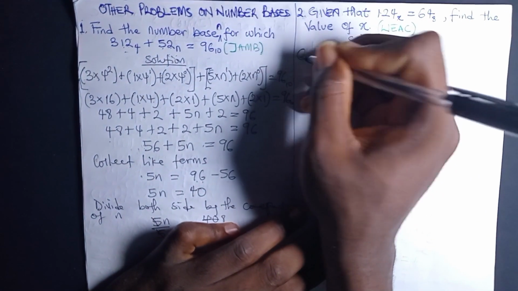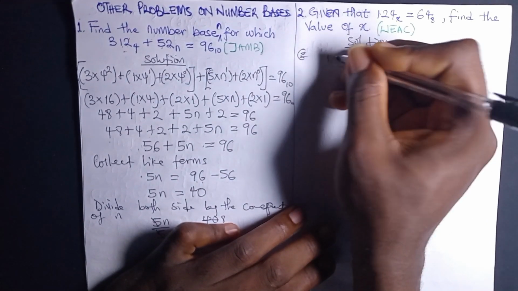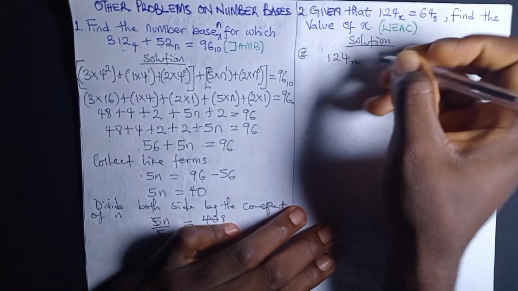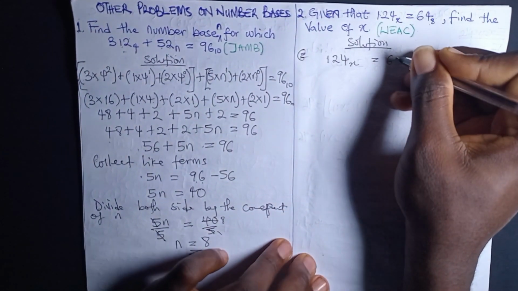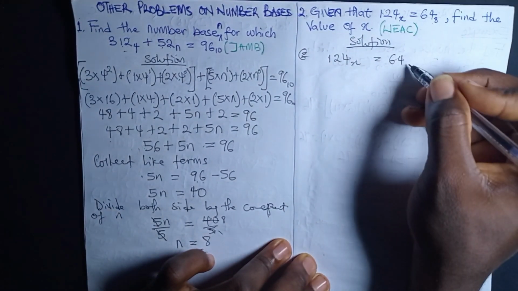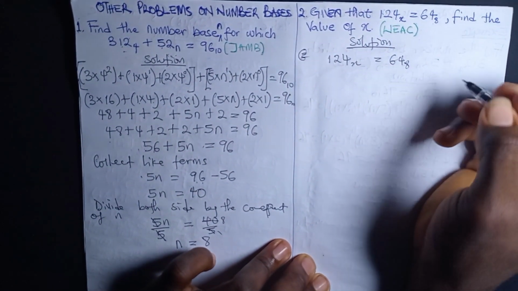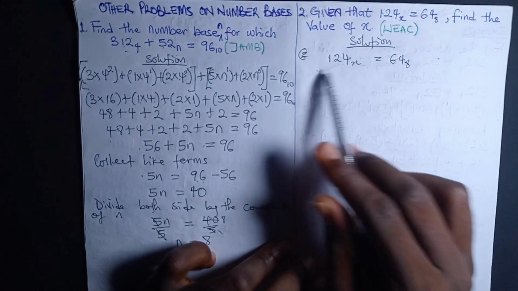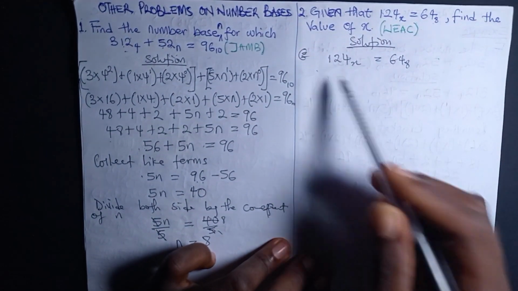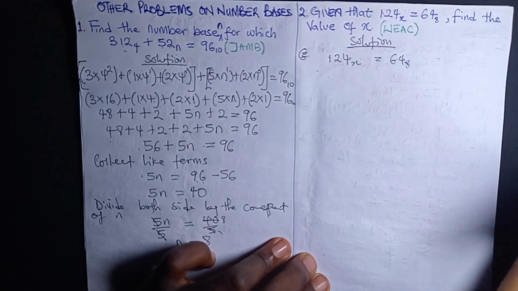You are given that 124 in base x is equal to 64 in base 8. Now remember, you have to convert everything to a number in base 10.